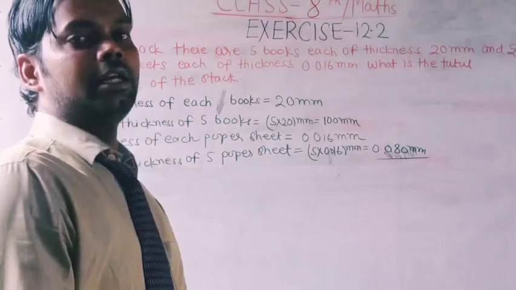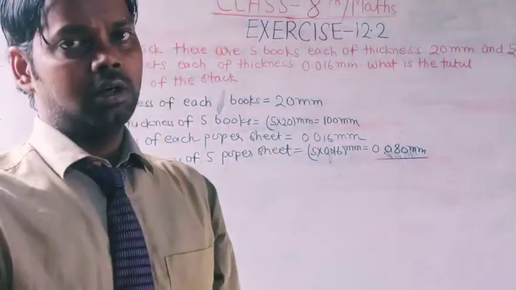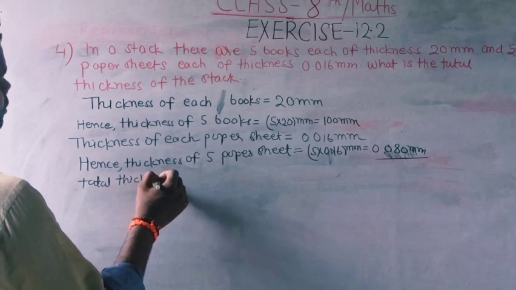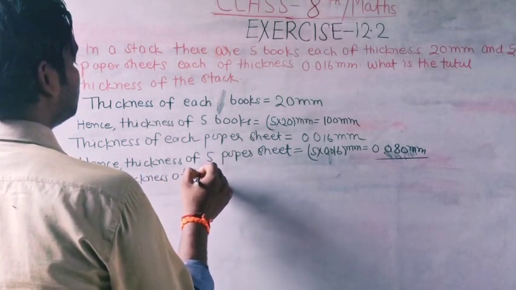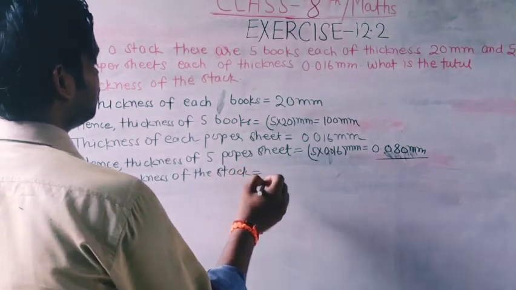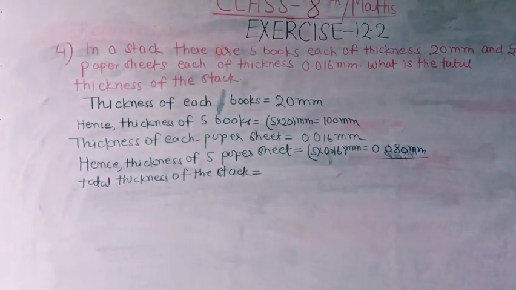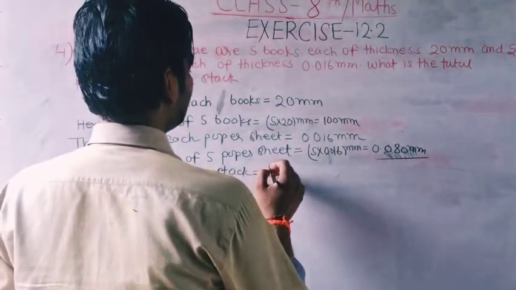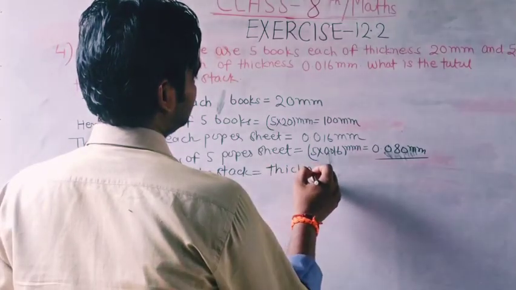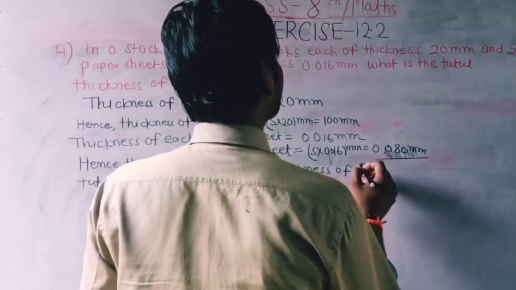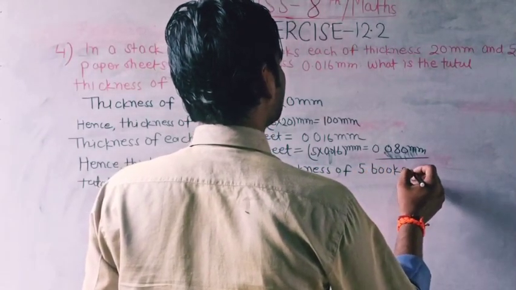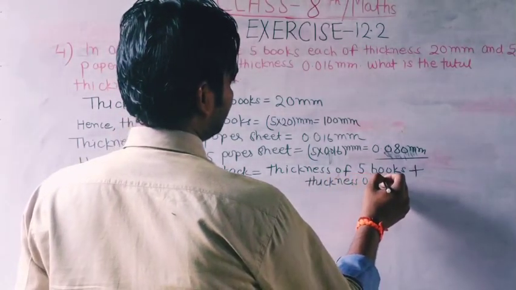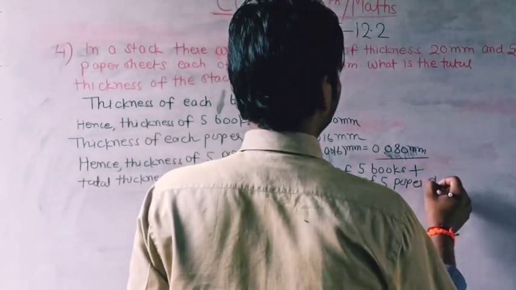Finally, we have to find the total thickness of the stack. To find it, we have to add the thickness of 5 books plus the thickness of 5 paper sheets.